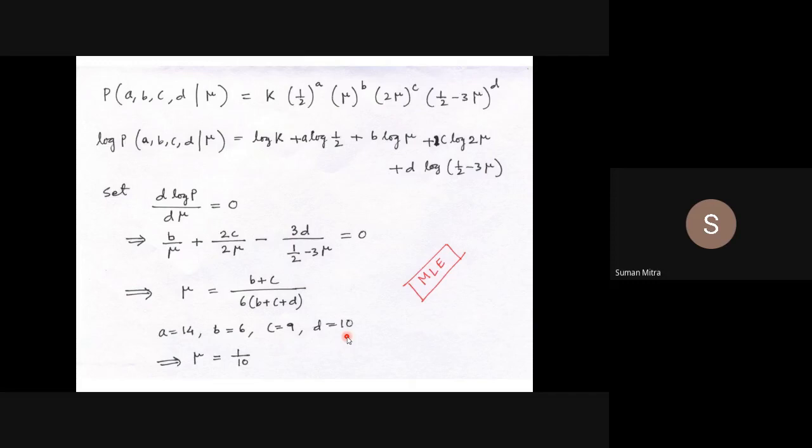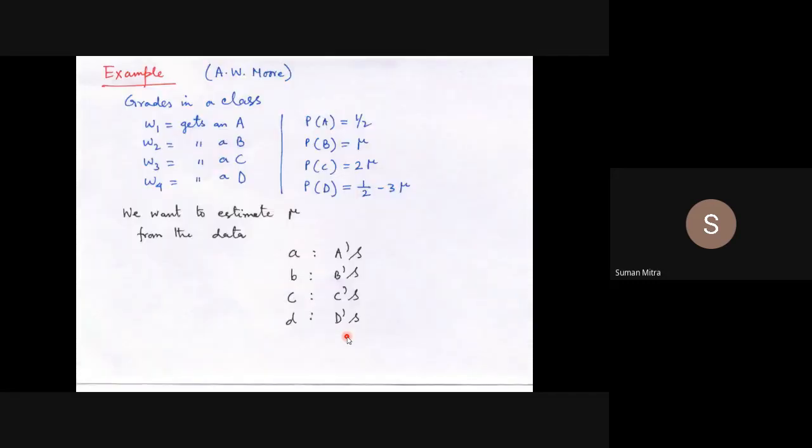Is it satisfied? Mu is 0.2, yes. This is probability. 0.2 into 2 is 0.4. This is also probability. Then 0.5 minus 0.6. So this is not satisfying. This becomes negative. So my initial guess of mu cannot be 0.2.